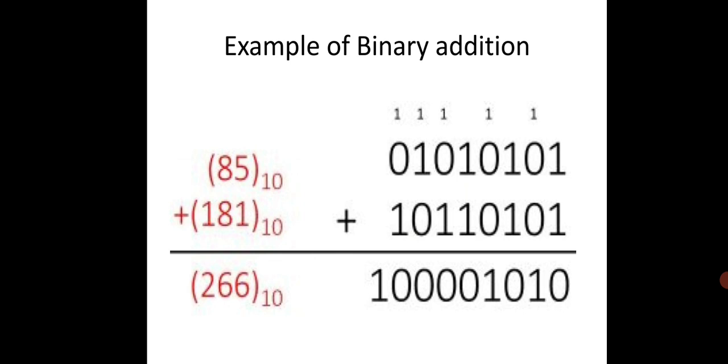It is the addition of your two binary numbers, that is 85 and 181. In this way you have to solve the binary addition. In exam the question will be asked, perform binary addition of the following values.